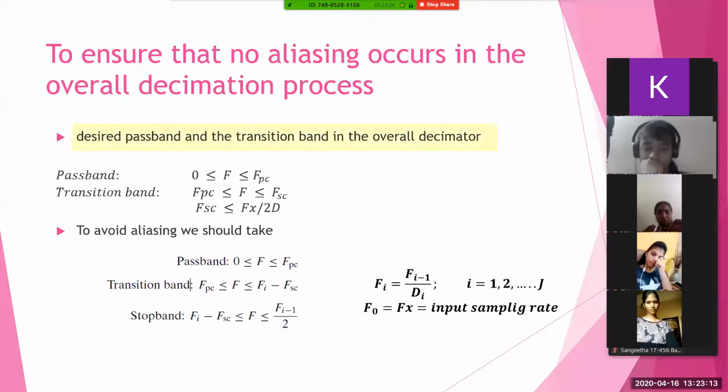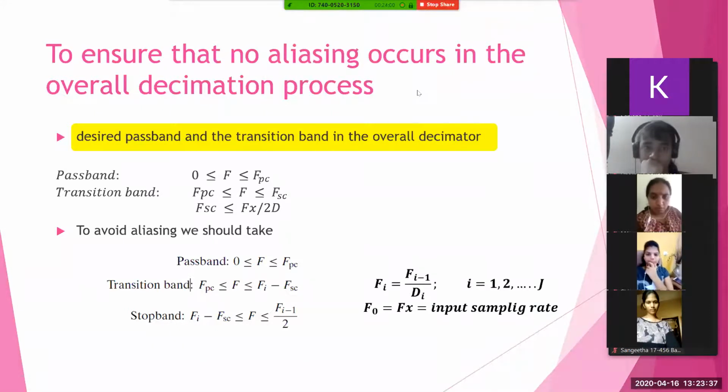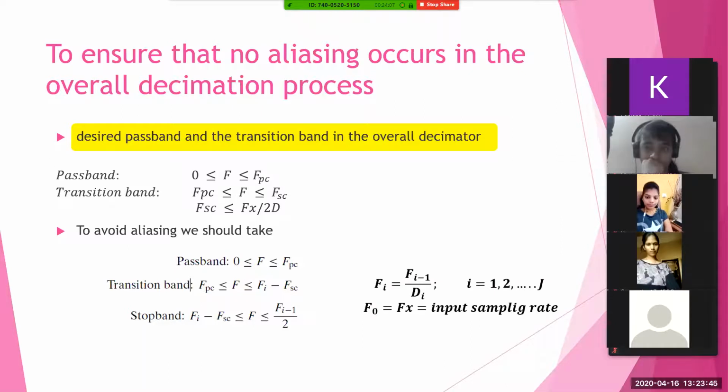To prevent that, we have to take care of certain parameters in each and every stage of this multi-stage arrangement. In every stage we have a filter, so by appropriately tuning that filter not to pass frequencies which would otherwise break the Nyquist criterion, we can avoid the aliasing effect.